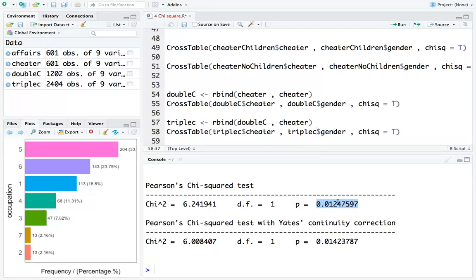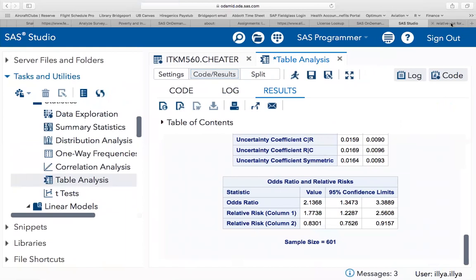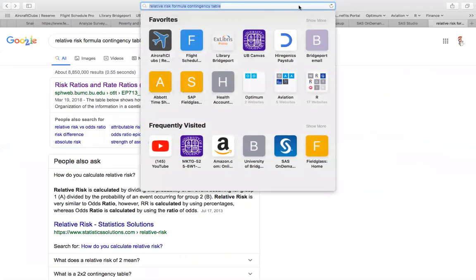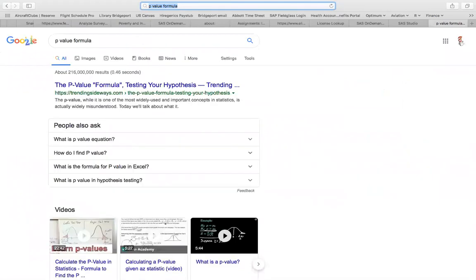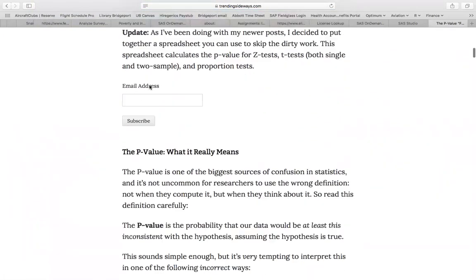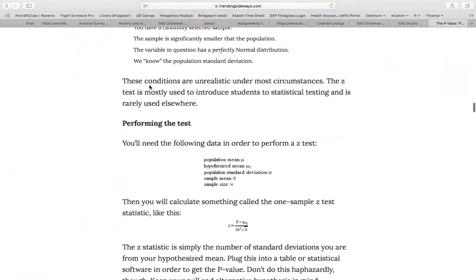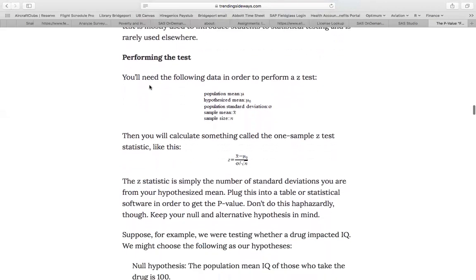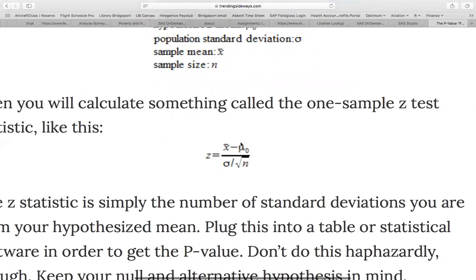But the way p-values are calculated, okay? So let's get into this discussion, and with that, we'll finish. I want to look at the p-value formula. The calculation is going to be a little bit different based on the test you're doing. But look at this formula over here.